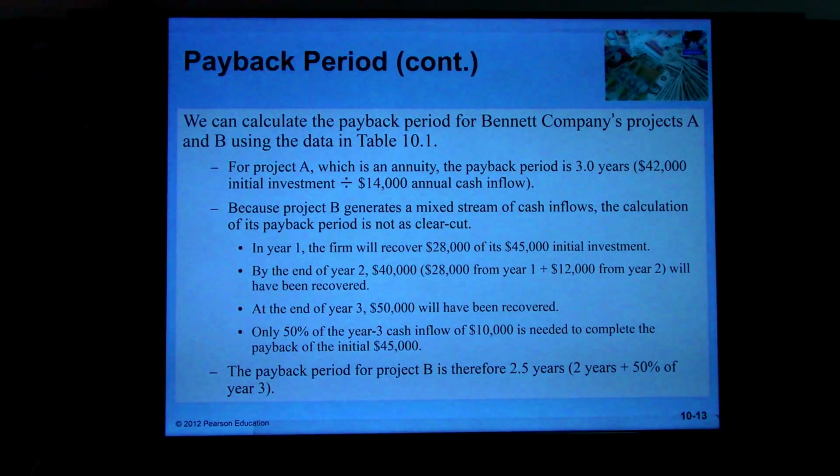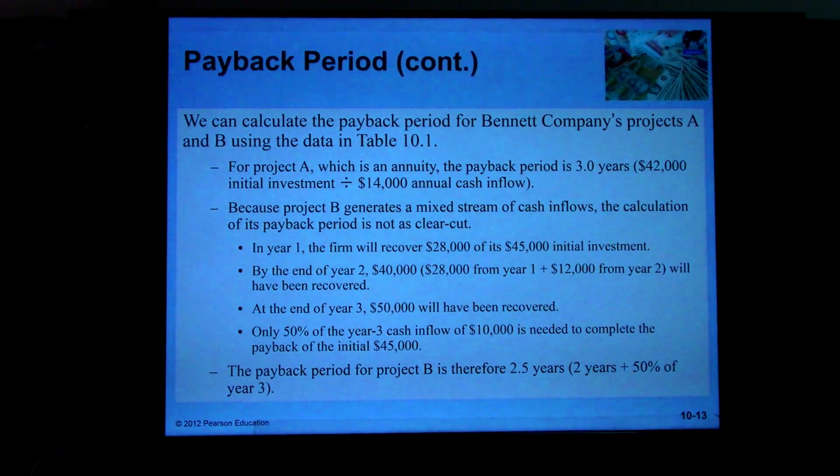So how could we determine this? Let us look at project A. In project A, our payback period is 3 years. How did we determine it's 3 years? This is our initial investment. We divide it by the annual cash inflow. Our initial investment is 42,000 divided by the annual cash inflow, which is 14,000.